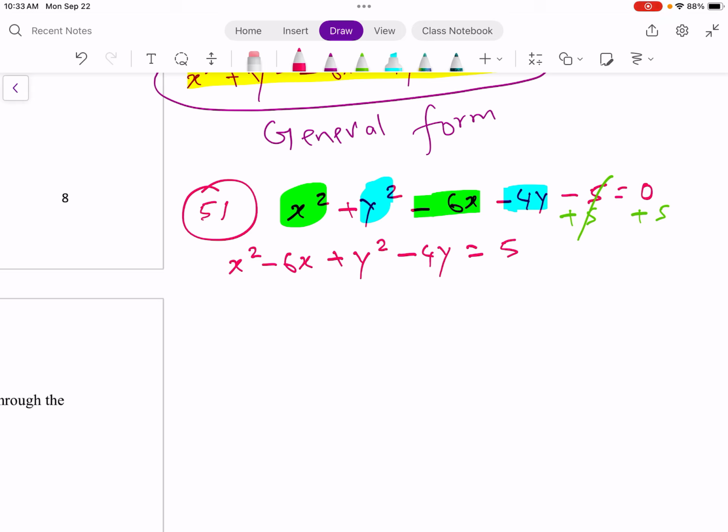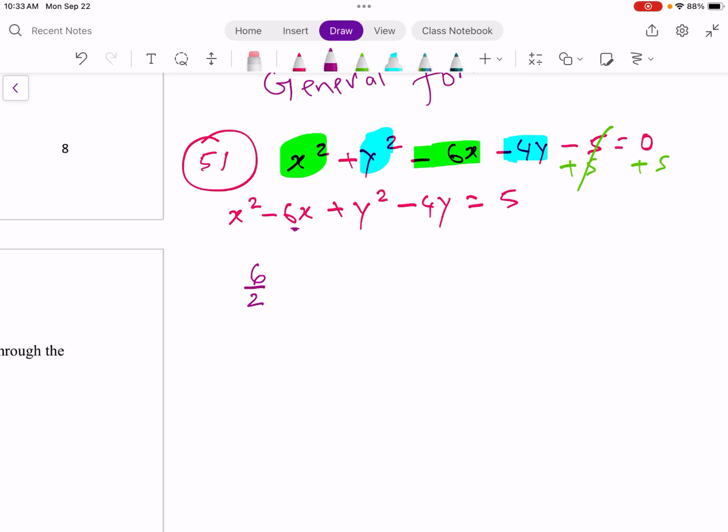Now the next step is we take the coefficient of x, which is 6. You take 6 divided by 2, which is 3. Square it and add this 3 square on both sides. You do the same thing for the coefficient of y. We have 4 divided by 2, which is 2. Square it and add 2 square on both sides.